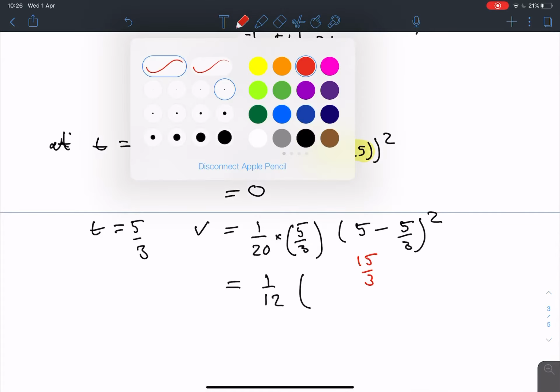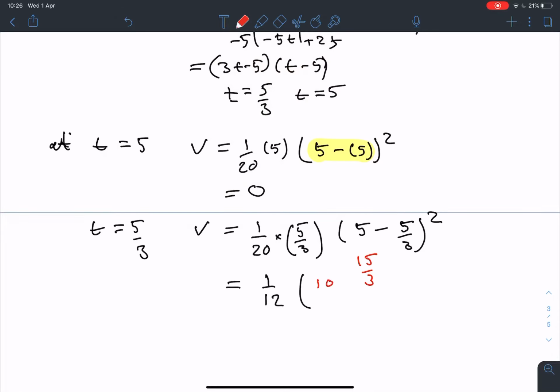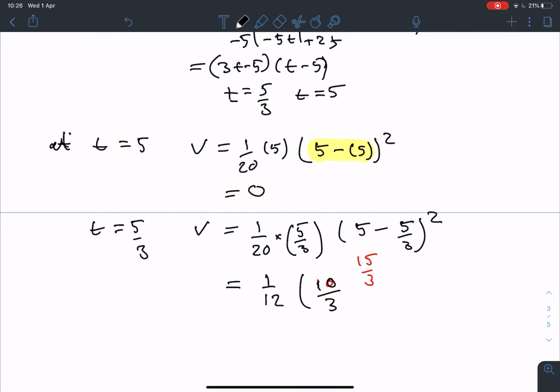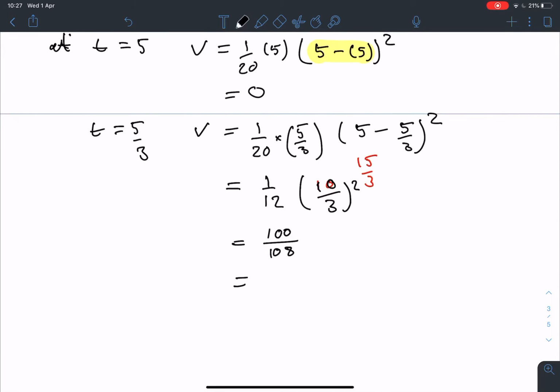So we then get this as 15 minus 5 is 10 over 3, 10 over 3 squared. So that is 100 over 9 times 12, which is 108, or 25 over 27, both divide by 4, meters per second, which is approximately 0.9, I would think, meters per second.